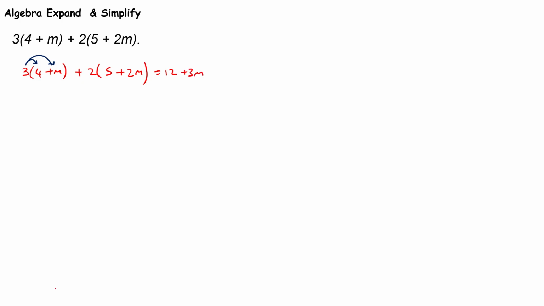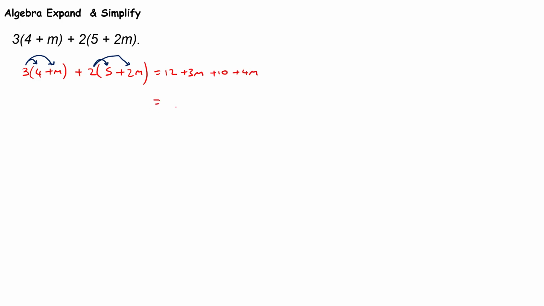Same thing here, we're going to expand the brackets. So the 2 outside the brackets multiplies everything within the brackets. So it would be 2 times 5 and then 2 times 2m. And 2 times 5 is 10, it's positive, plus 10, and 2 times 2m is 4m.